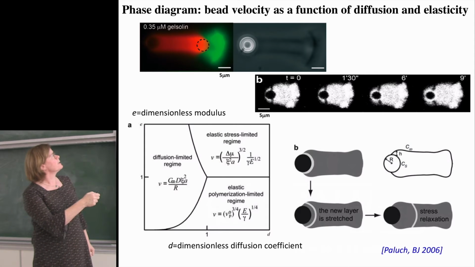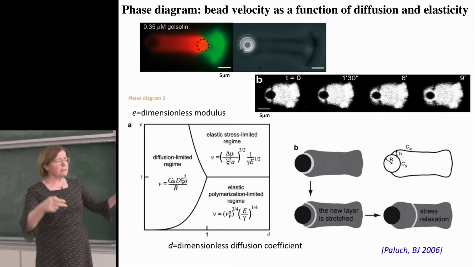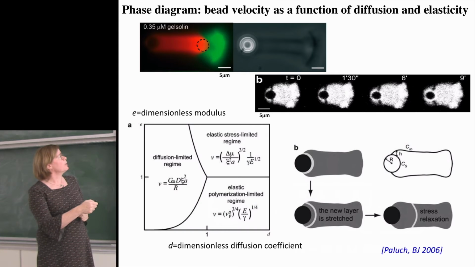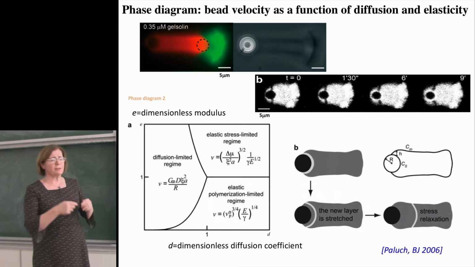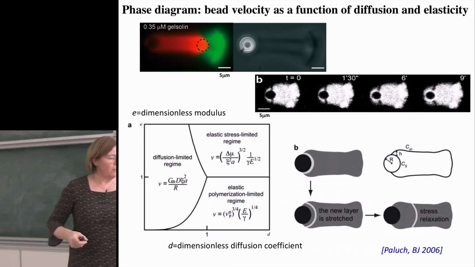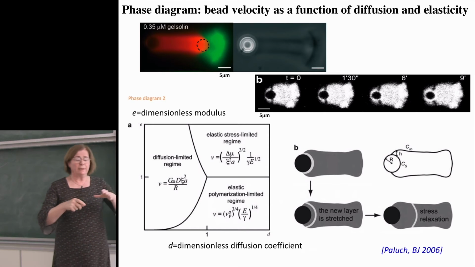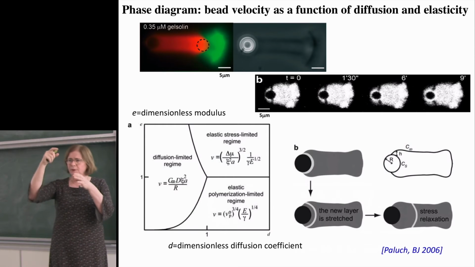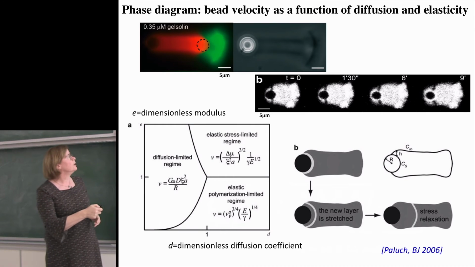So there is some reorganization in the network that is under stress all over the sphere. And so sometimes in certain conditions we may be limited by diffusion, because this is a network. Depending on the mesh size, the monomers will have difficulties or not to diffuse through the network to reach the surface and be able to polymerize.